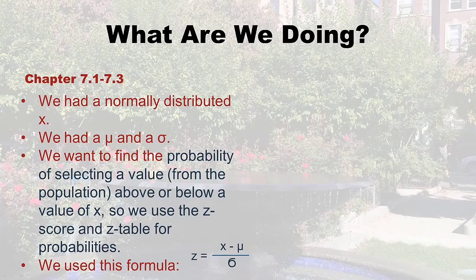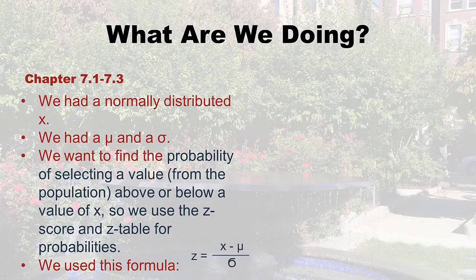Okay, but let's remind ourselves, what were we doing? In chapters 7.1 through 7.3, we were looking at a normally distributed x. We had this population of quantitative values that were normally distributed, with a population mean, mu, and a population standard deviation.